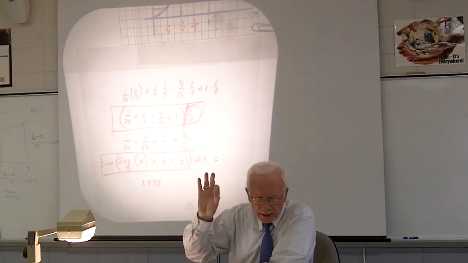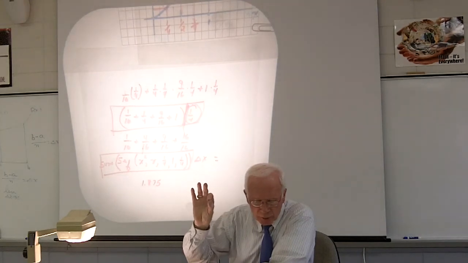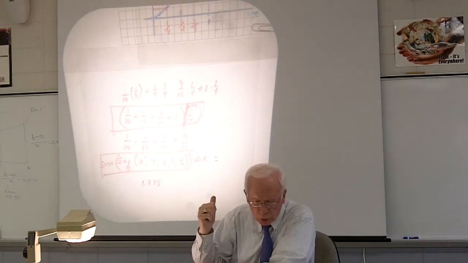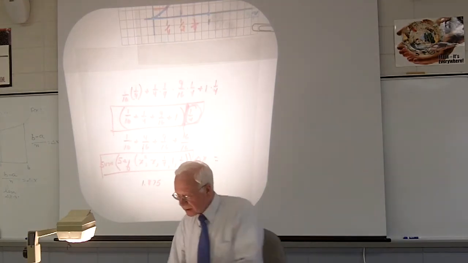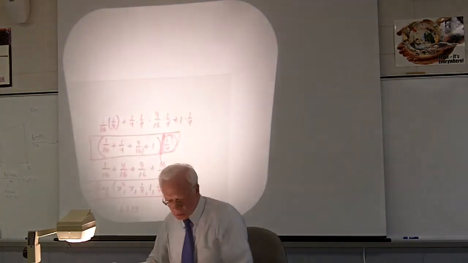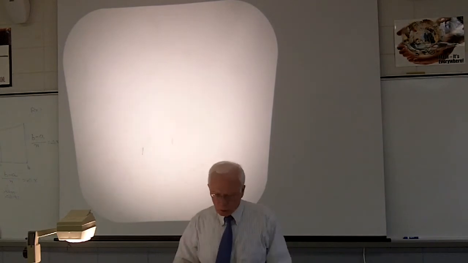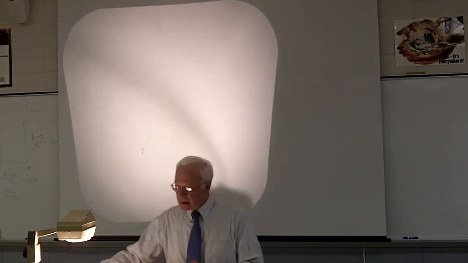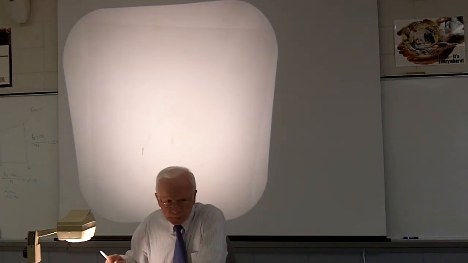Problems 31, 32, and 33. We're not going to do all of them. You'll find out which ones I want you to do. Now, there's something there that I want to review with you, which we've done before. It's summation notation.